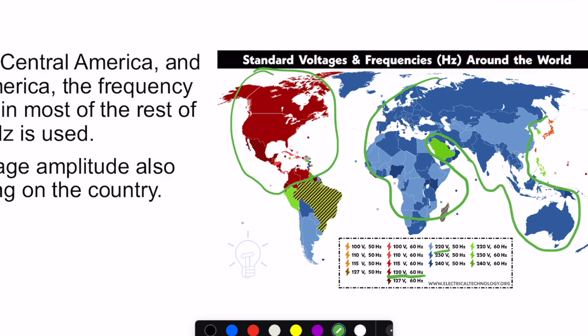And so that's why when you visit other countries, sometimes you need an adapter to plug in your devices. That's because the electricity in the buildings and homes is powered by an alternating current that runs at a different amplitude and a different frequency.